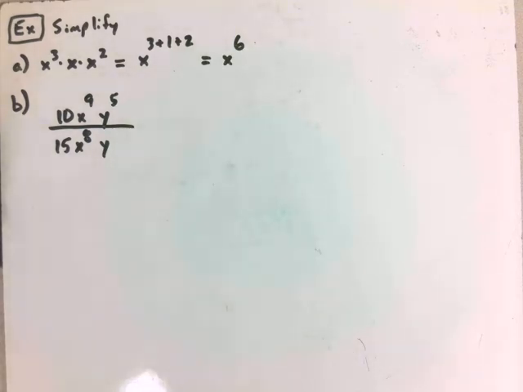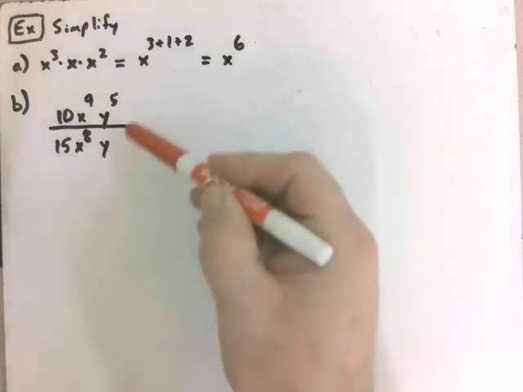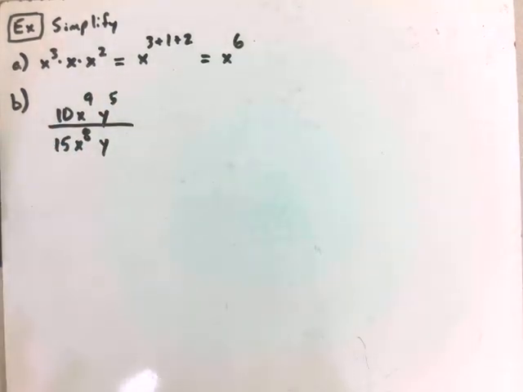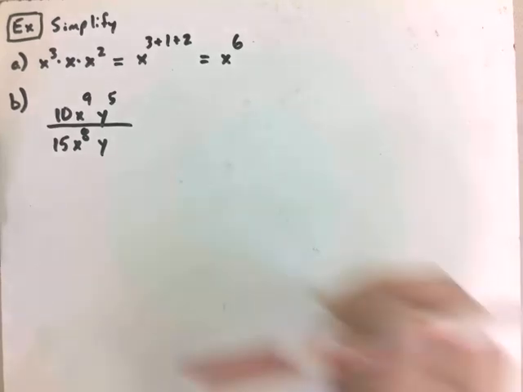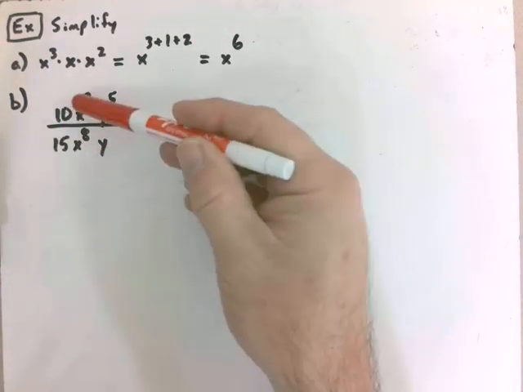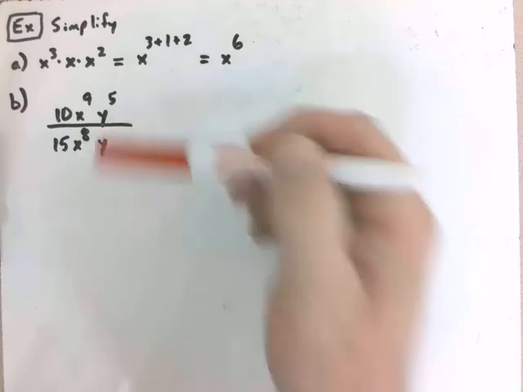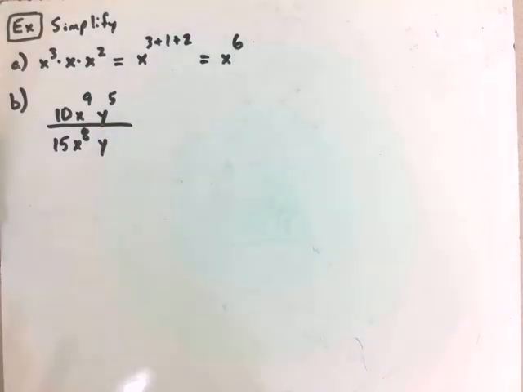What a quotient rule says is if you're dividing like bases, you subtract the exponents. So taking a look at what we have in letter B, first of all, I do need to notice that there's no addition or subtraction in this problem. So what that means is we can go through and we can reduce the numbers, we can reduce each one of the variables that we have. And I would go through and do it in that order. I'm going to reduce the regular numbers first, and then I'm going to reduce the variables in alphabetical order.